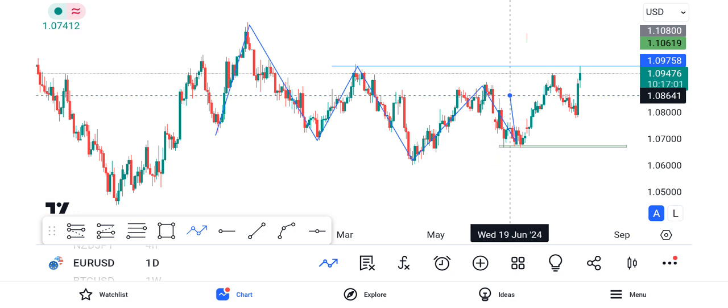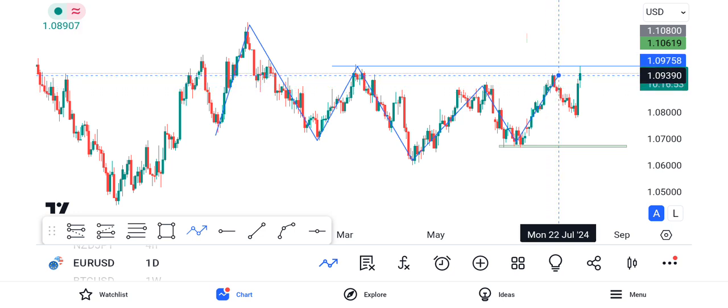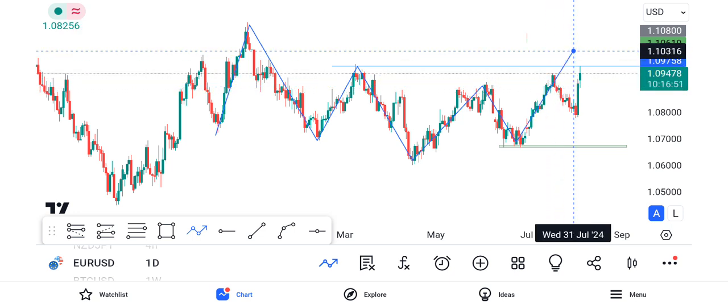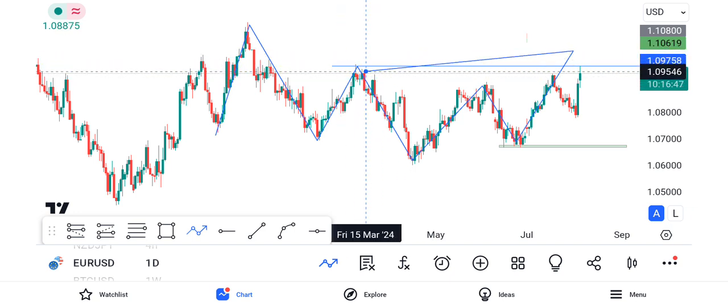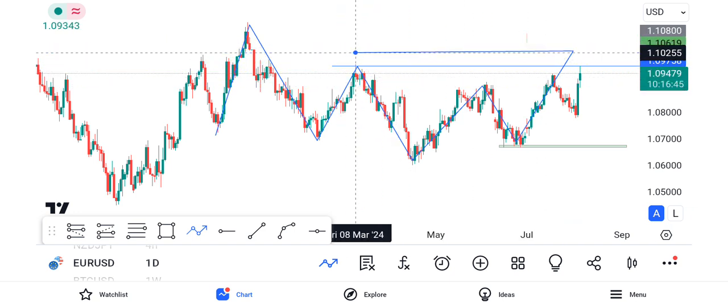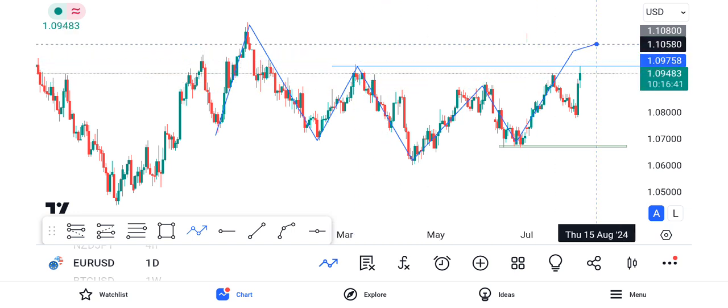But this bullish change is fully confirmed if price breaks above this lower high right here, because it's only when price breaks above this lower high that it is bullish.